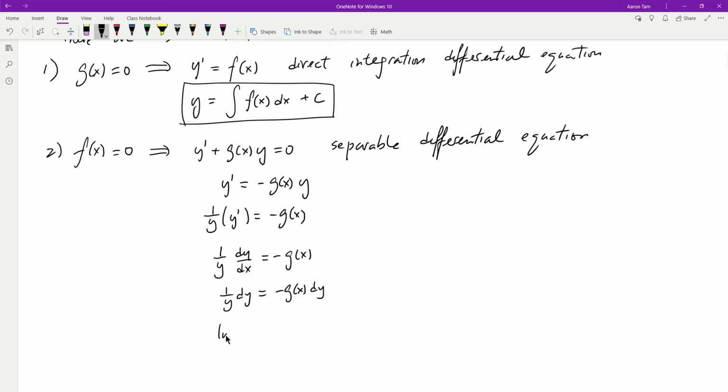Then I integrate, so that becomes the integral of dy over y, which gives ln of absolute value y, equal to negative integral of g of x dx plus some constant c, of course.